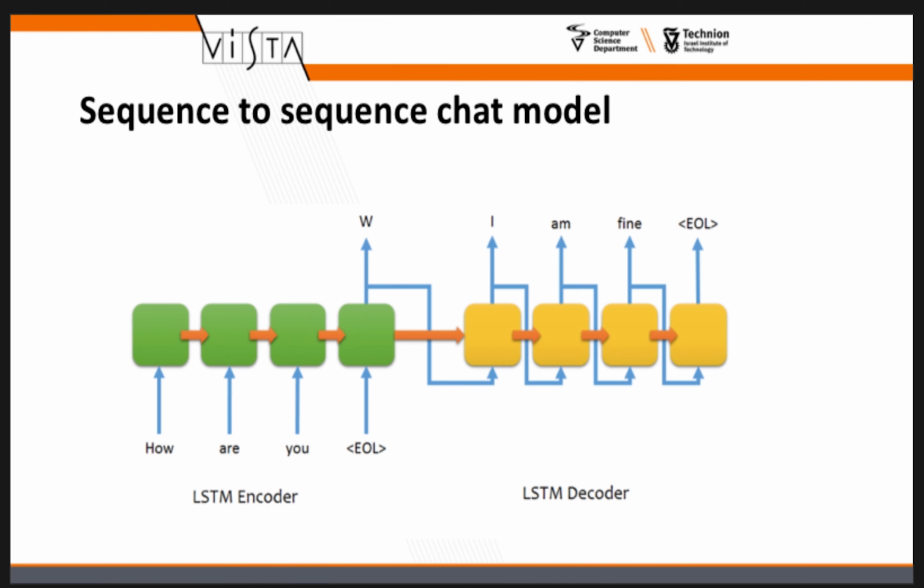So I remember this sequence. I take some information from here, and then I take my next input, my decoder input, from the output of this network. Great. And here I want to predict: I am fine. So this is a typical sequence model. How are you? I am fine.